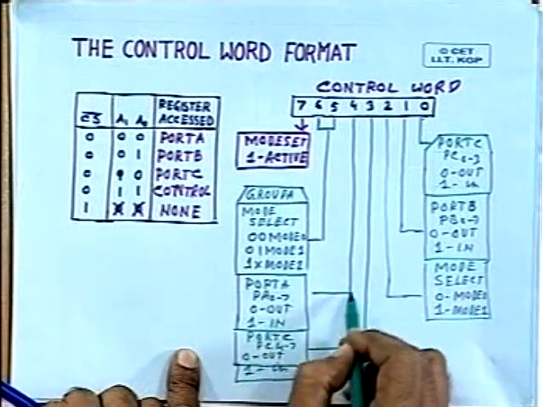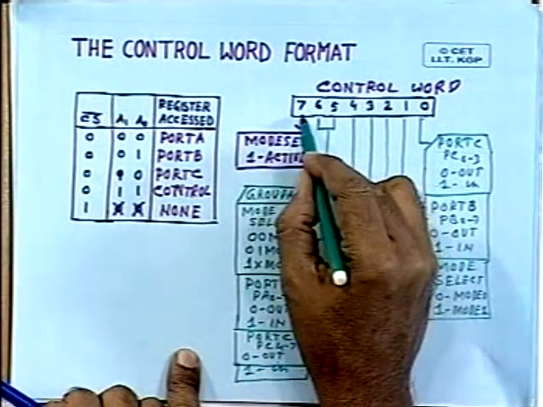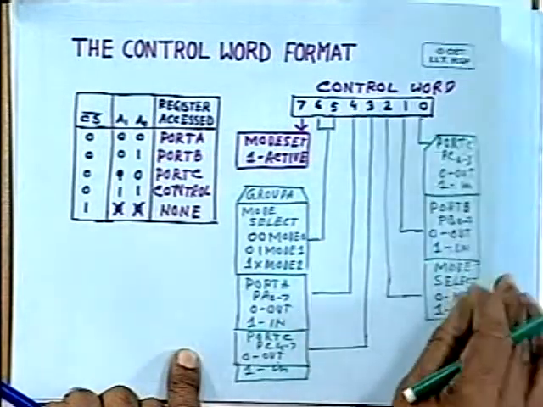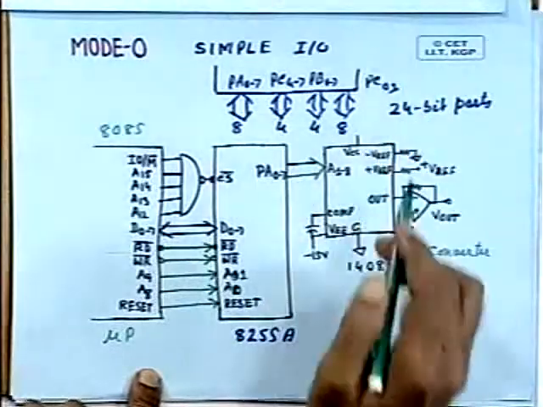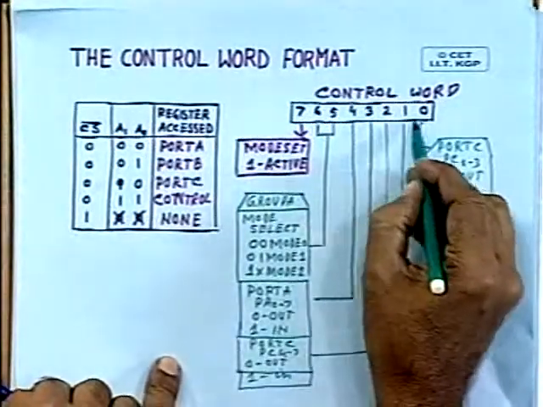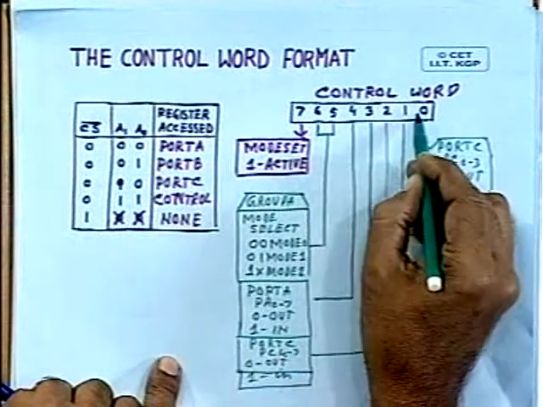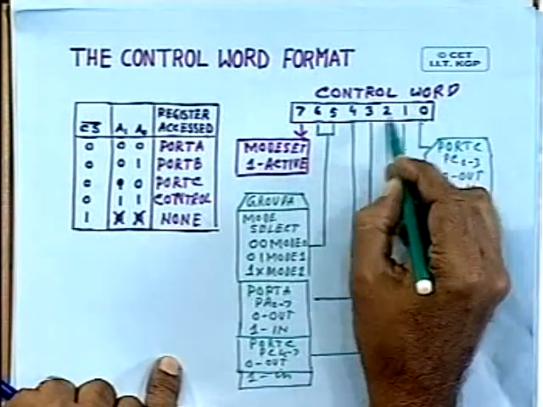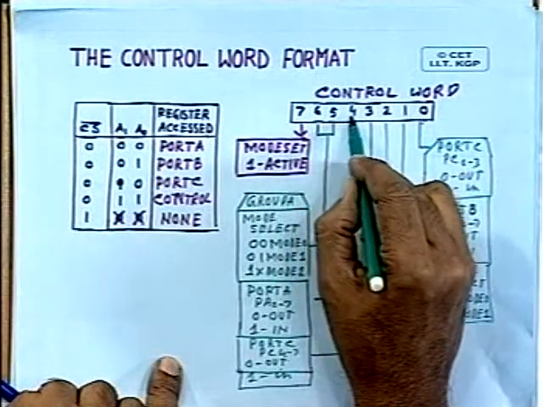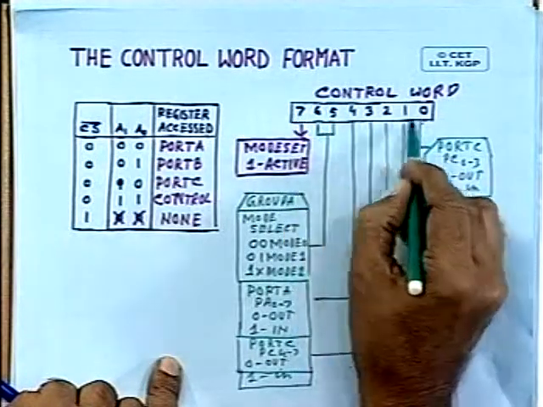Then since it is an output port, this bit also has to be 0. So this is 1 0 0 0. The other bits are not really important in this case because we are not using them. So the code that you have to write into the control word is 1 0 0 0, in hex it is 8 and then 0.